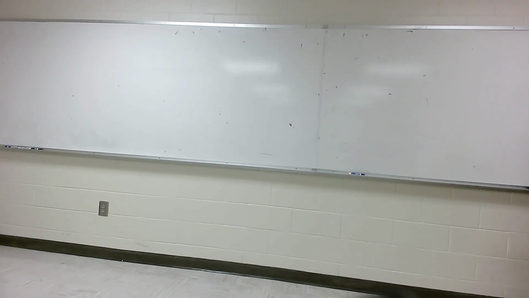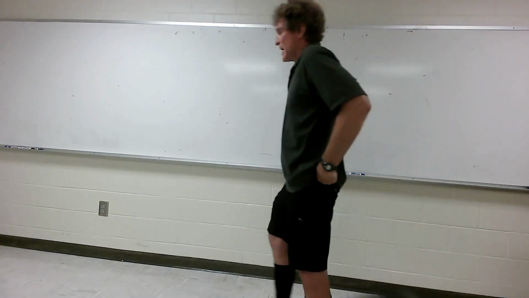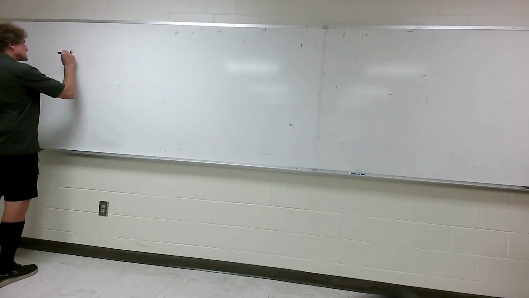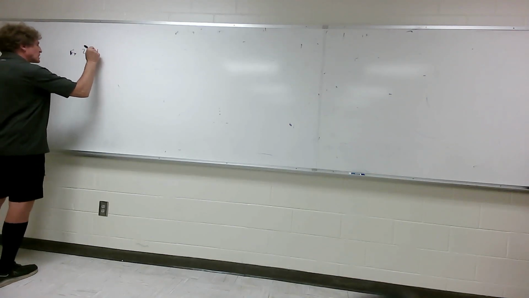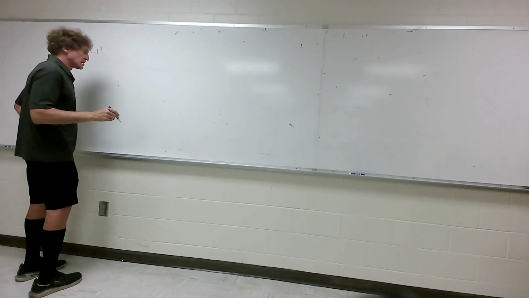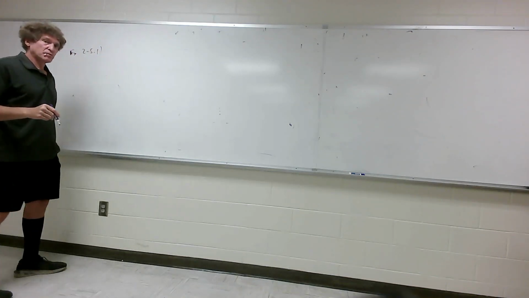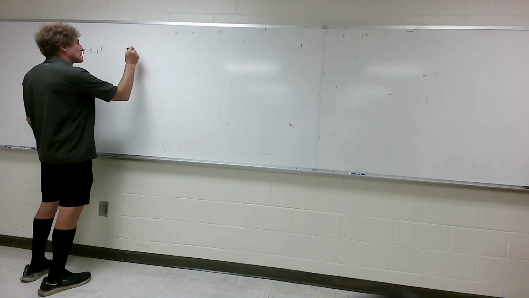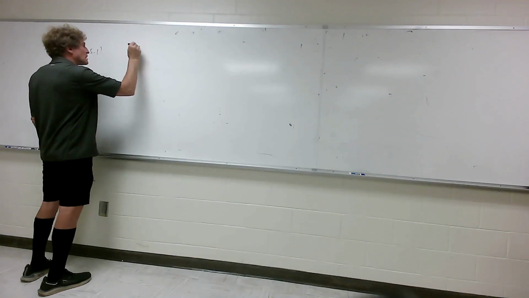They're kind of random. So this is exercise 2-5.1. A Gaussian random variable has a mean value of 1 and a variance of 4.